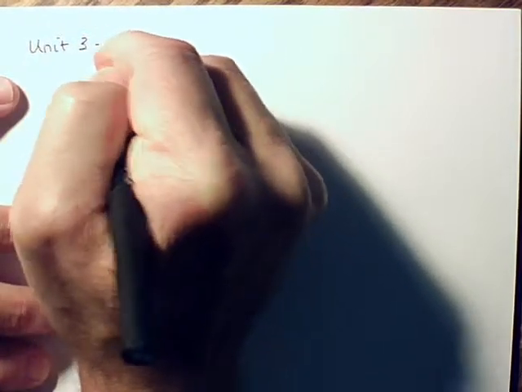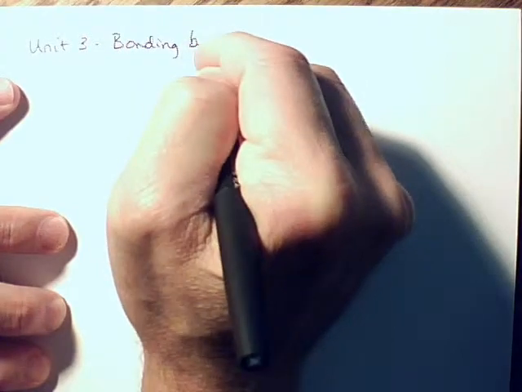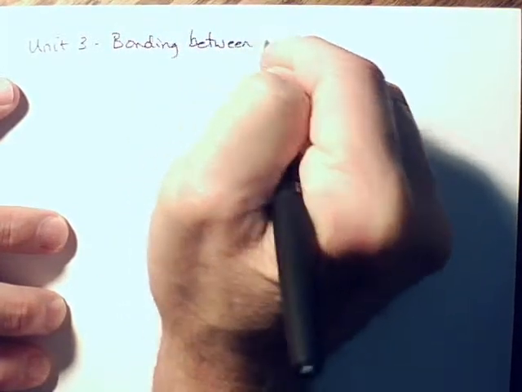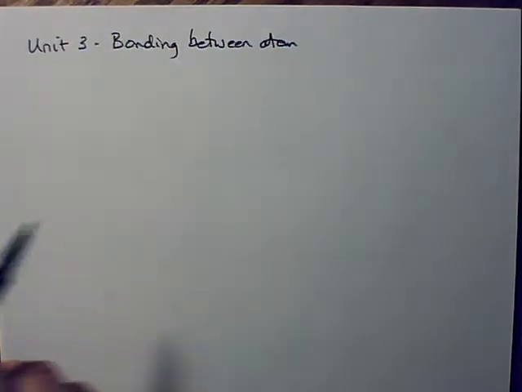I agree. Okay. So Unit 3 is about bonding between atoms. Now, some of this is going to be about what's going on inside atoms that allows that to happen.